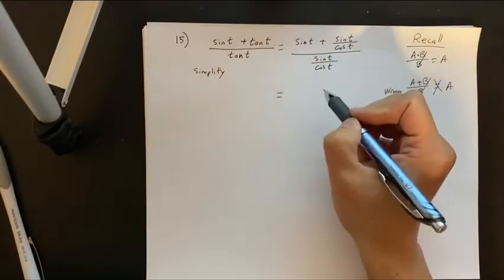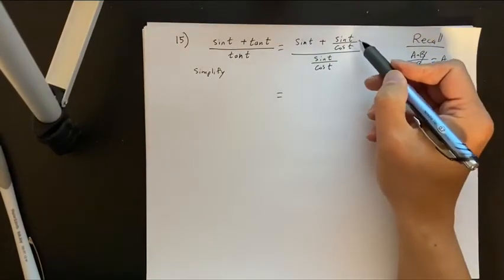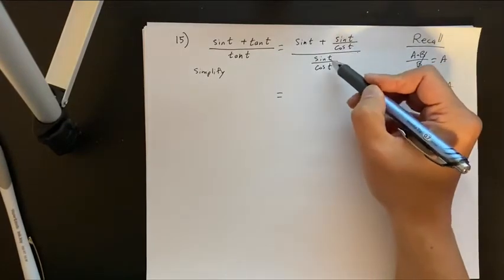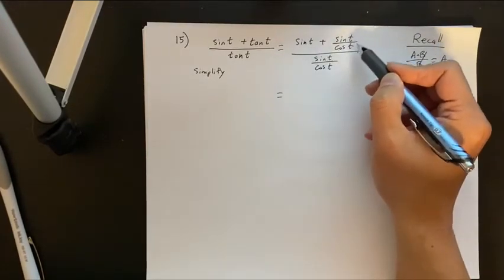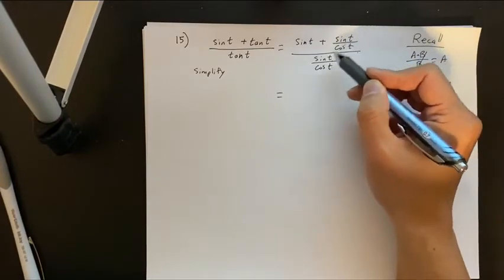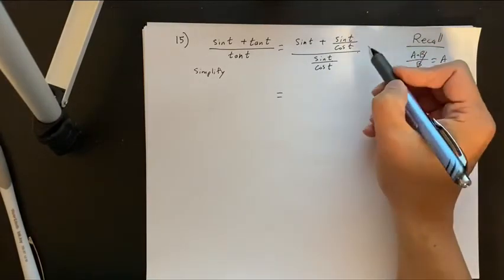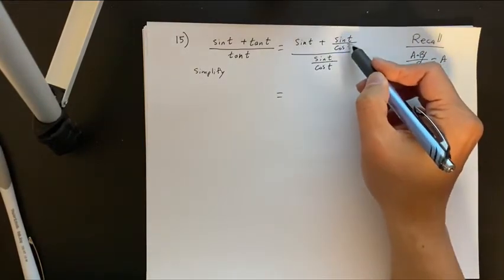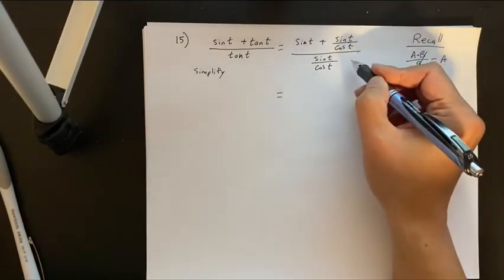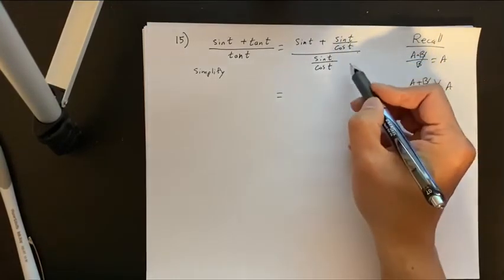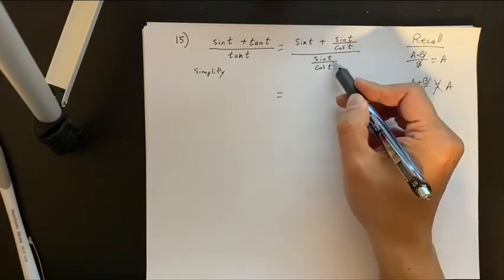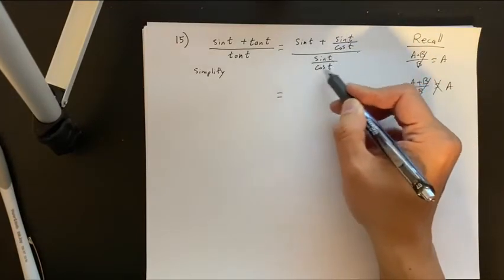So for me, I see a complex fraction. I see a fraction within a fraction, and I always want to get rid of this complex fraction. And so if I multiply the whole top by cosine, I'll get rid of this minor fraction. That means I have to multiply the bottom by cosine as well. But if you look at the bottom, multiplying by cosine would also get rid of this minor fraction.